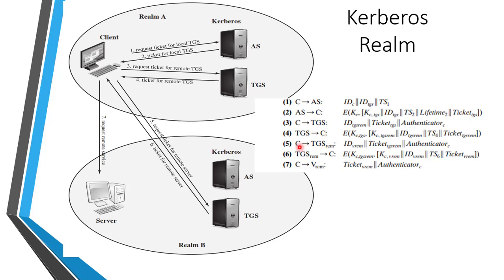Now the client will ask the remote TGS for the remote server, and then this remote TGS will reply with the remote server ticket, and then the client will ask the remote server for the remote service. So in this way, Kerberos realm will work. Thank you.